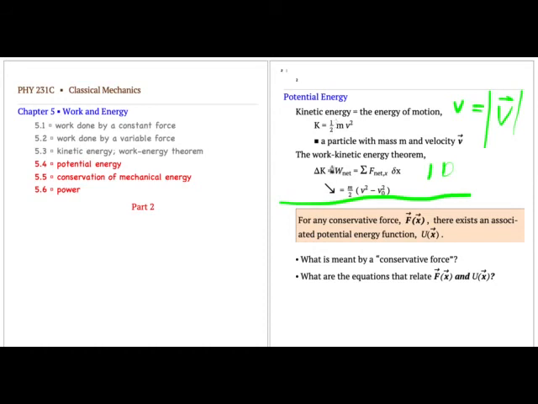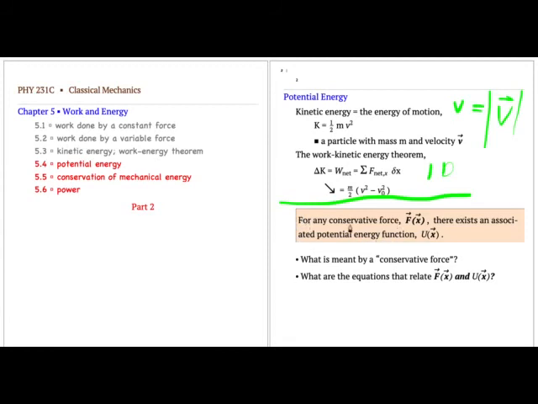Now we come to potential energy. For certain forces, there exists a corresponding potential energy function. Not for all forces, but for some forces, and for many of the forces that we're interested in, there's a potential energy function corresponding to the force. Those forces are called conservative forces.